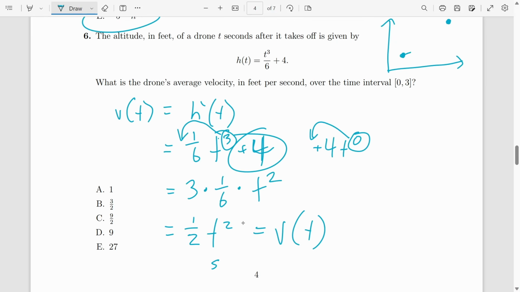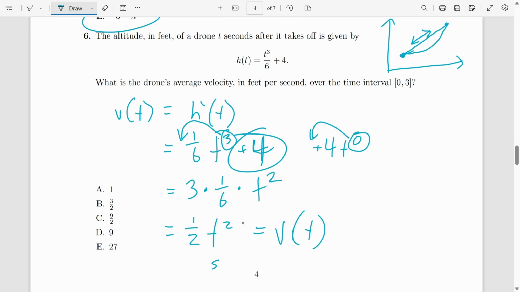So let's say it goes like that. That's a bad drawing. Let's do something like this, like it's really picking up speed. If we have something like this, in order to find its average velocity, we can just draw a straight line in between them and then take the slope of the line, and that'll be the average velocity.